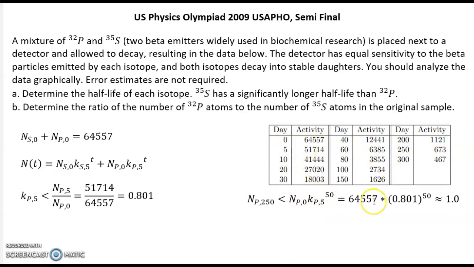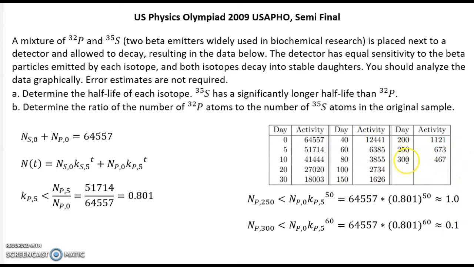When we count this, that will be about just 1, which is very small. It means that after 300 days we have even less activity. That will be this expression, 0.1.